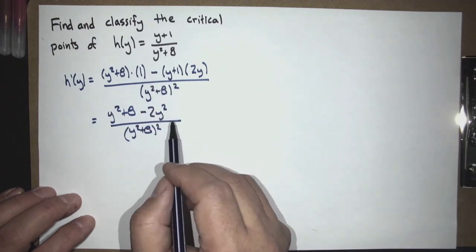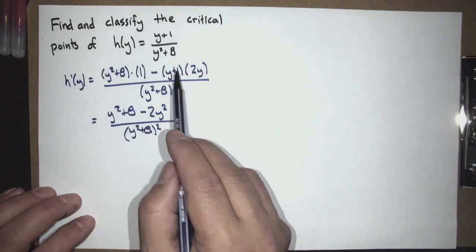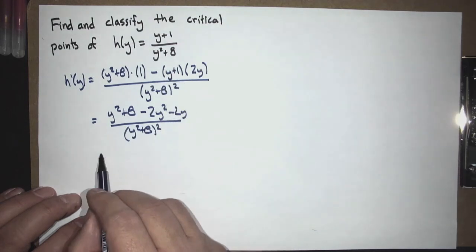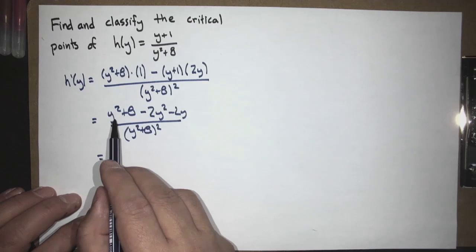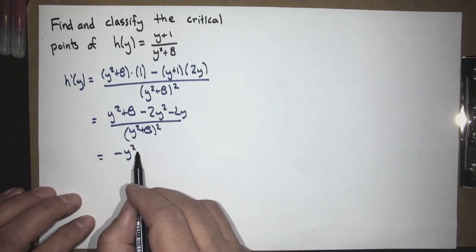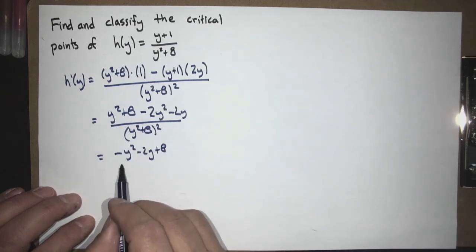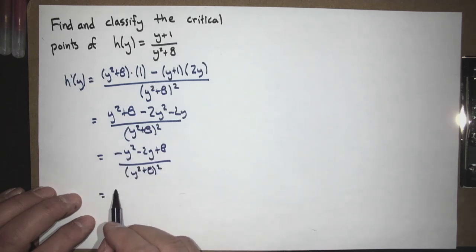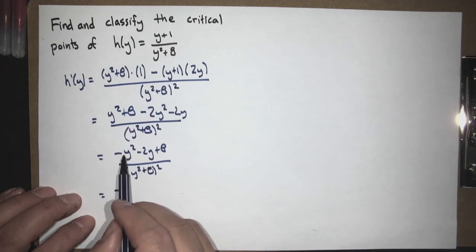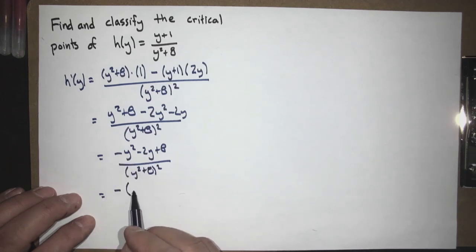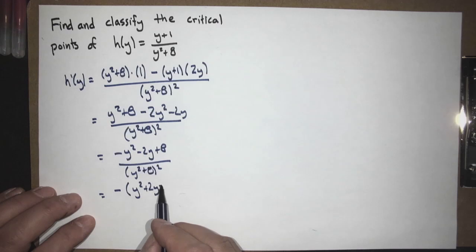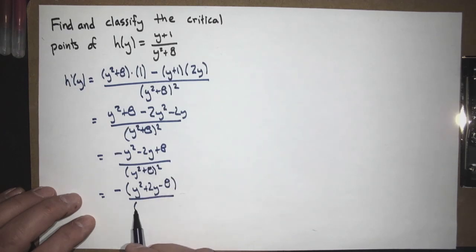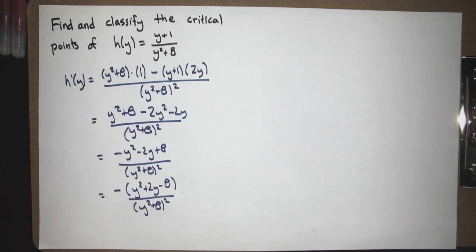Minus 2y squared and minus 2y. So we get y squared minus 2y squared is minus y squared minus 2y plus 8. Well, I prefer the coefficient of y squared to be positive, so I'll factor negative out. So y squared plus 2y minus 8 over y squared plus 8 quantity squared. Okay, can we do anything with this expression?